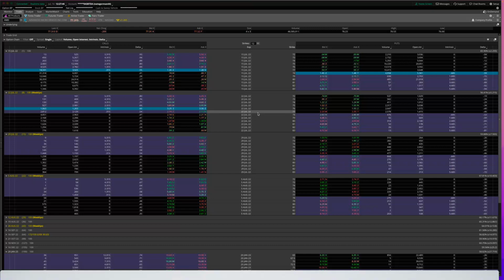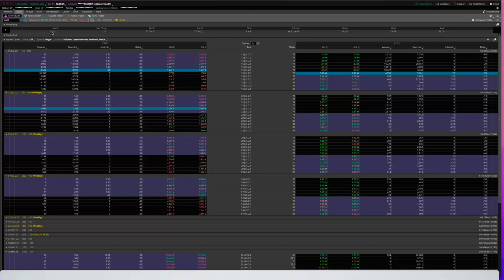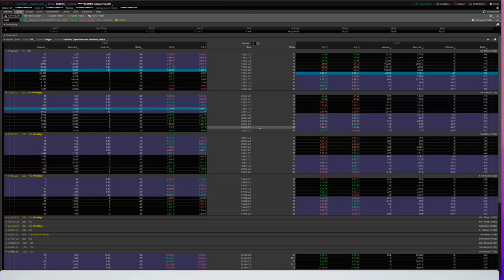So if each one of these options was worth 100 shares, and it was going to move exactly with the underlying stock, and I bought AMD right now at 77.29, and I bought one contract, so I have 100. I'm controlling 100 shares at 77.30.